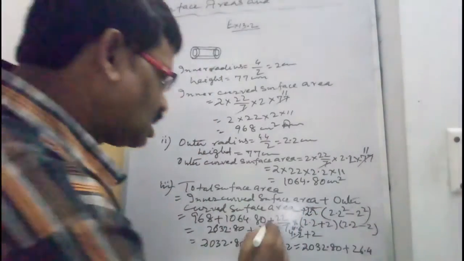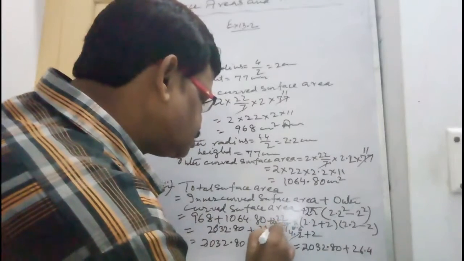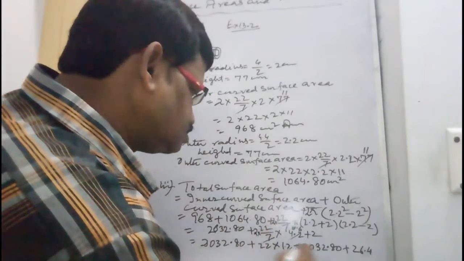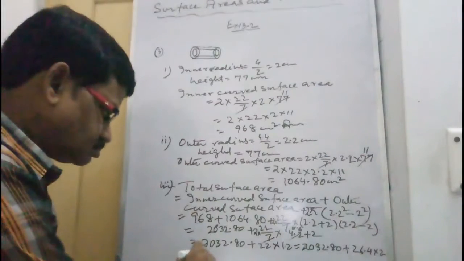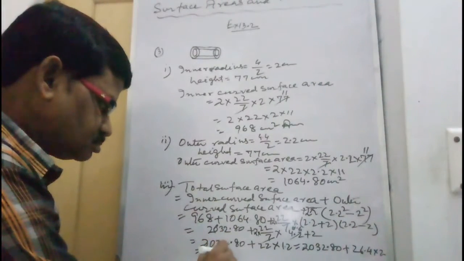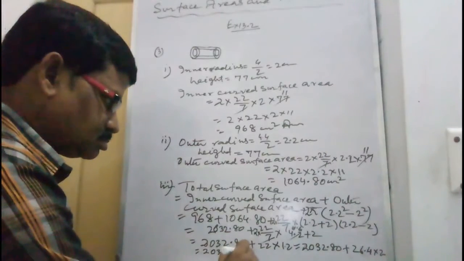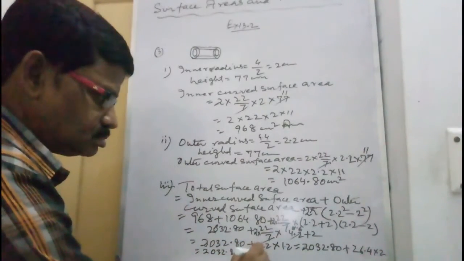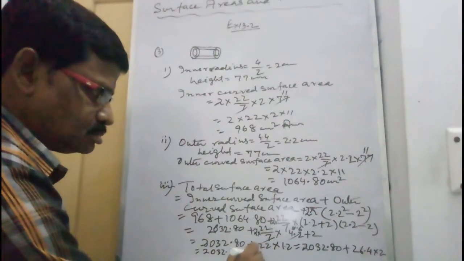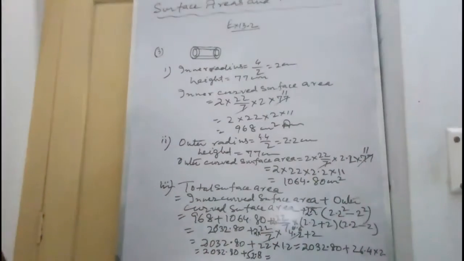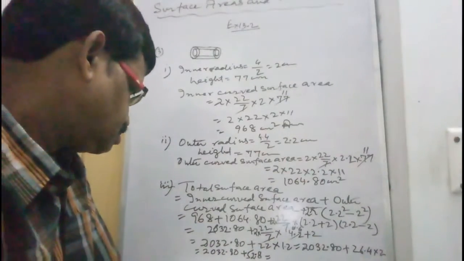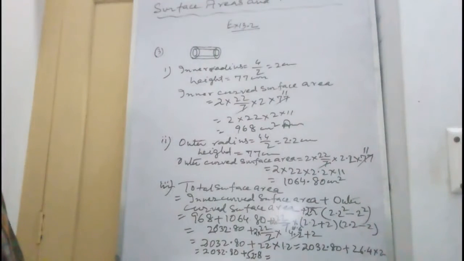This gives you two sides, and also multiply 2 into 2, so 5.28. Now 2032.80 plus 5.28.